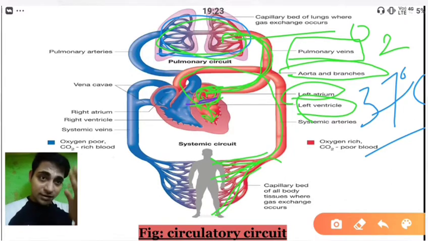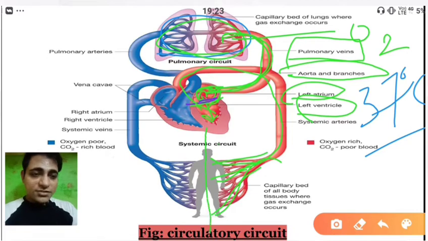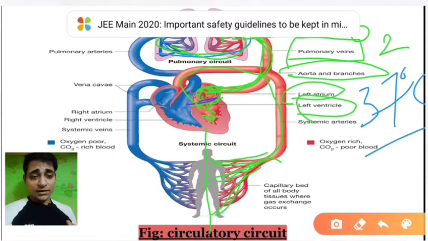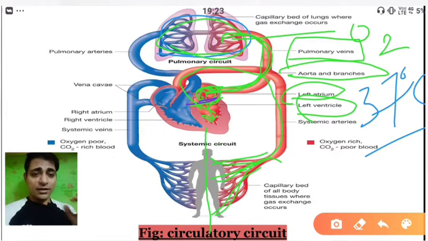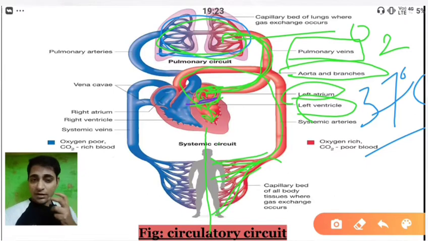Okay, now half of the circuit is completed. Now the other half will start. All the organs of our body will consume this oxygen during respiration. Now what will happen? Each cell of each organ will be filled with carbon dioxide. This is the end product of respiration.